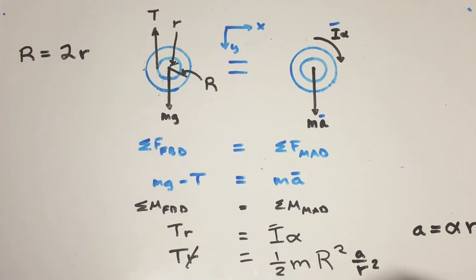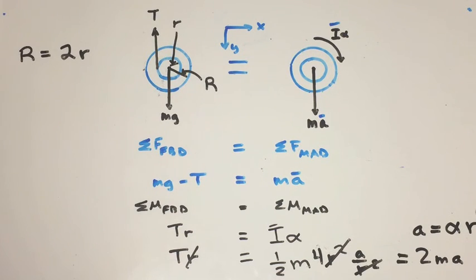So we can actually set big R to 2r. Now if we were to square that whole thing, that would be 4r squared. Now these r's cancel out. Okay, so this would be equal to 2ma.